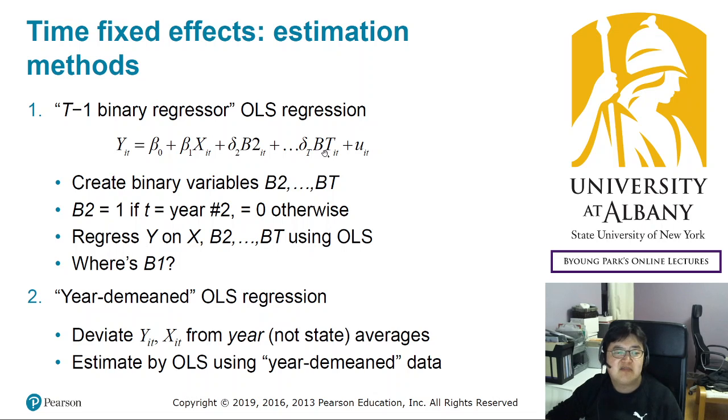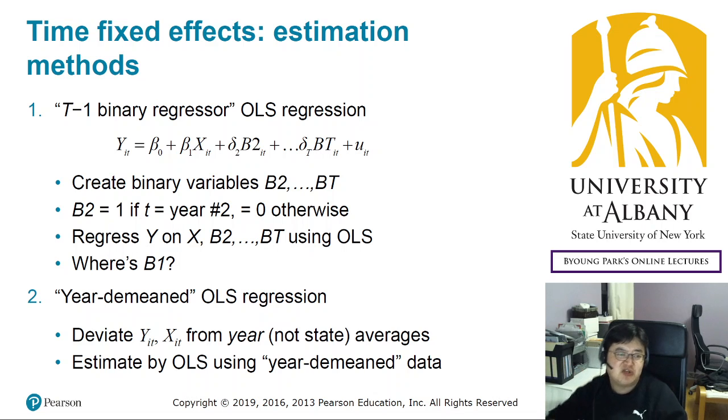This is not as bad as before, because usually the number of time periods is smaller than the number of entities, number of individuals or states. Also true in our model. The number of states is 48, but the number of years is only 7.